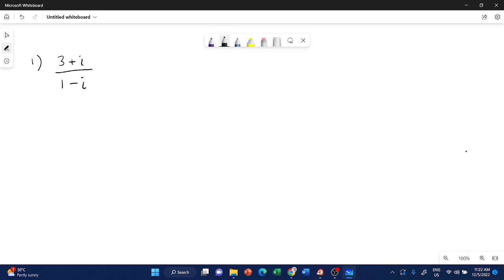So we are interested to do the operations here by looking at your denominator. Denominator means this complex number, bahagian bawah. The above one we call numerator.